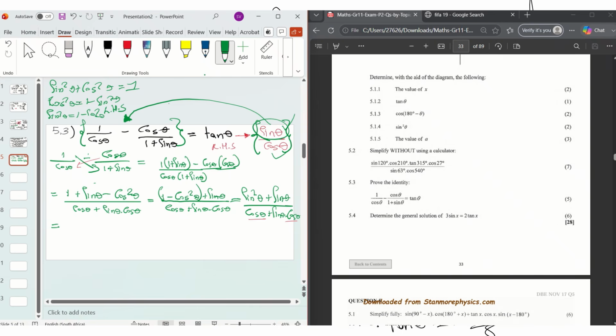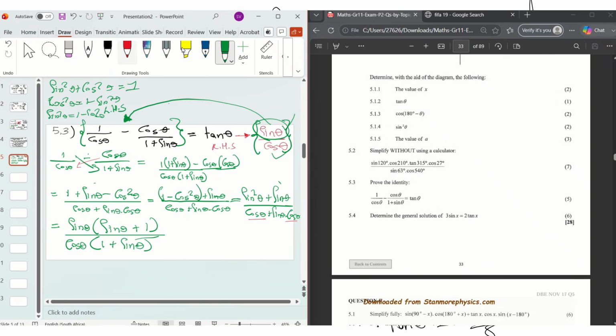So even in our numerator, we have a common factor of sine. So let's take out our common factor in our numerator. So we have sine theta times sine theta plus 1 divided by, and then in our denominator we take out our common factor. So we have cos theta times 1 plus sine theta as well.